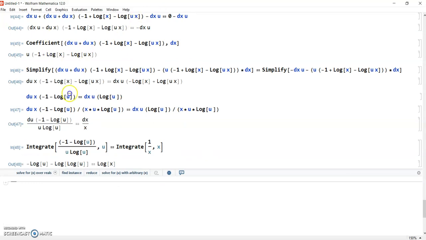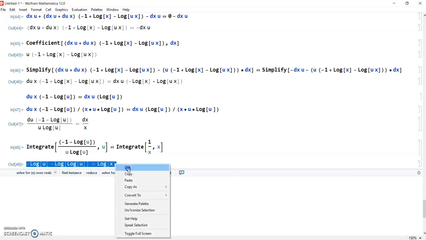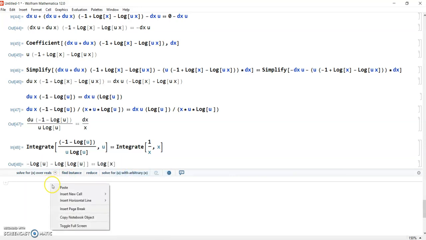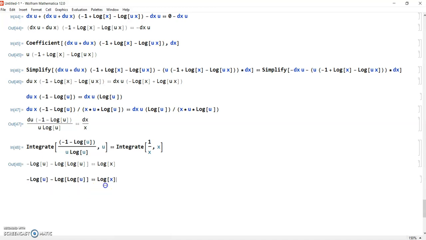Okay, so it means that now we got this, and then the next step is to add the constant of integration plus c. So in fact, this is the answer in the implicit form. Oh, rather it is not the answer, because we still need to replace u with y over x.